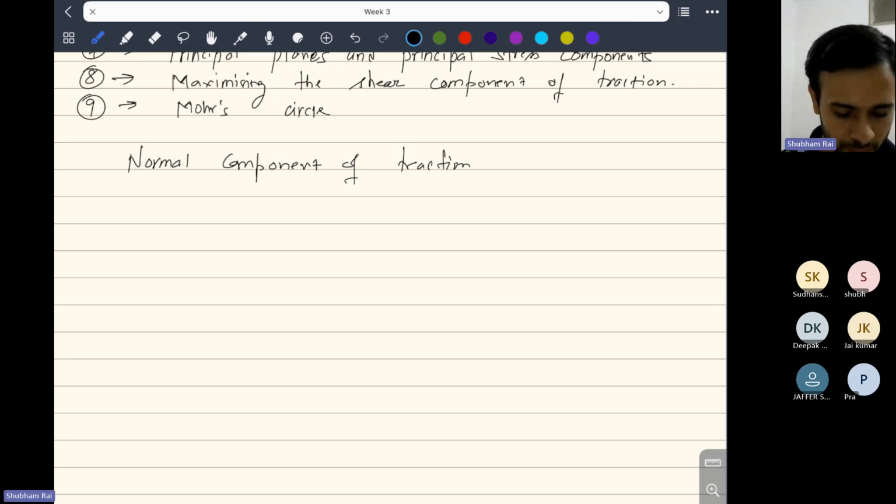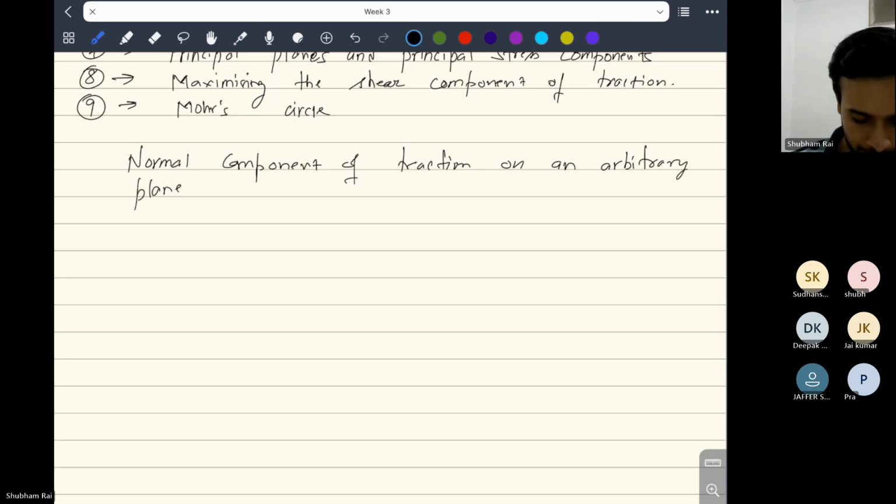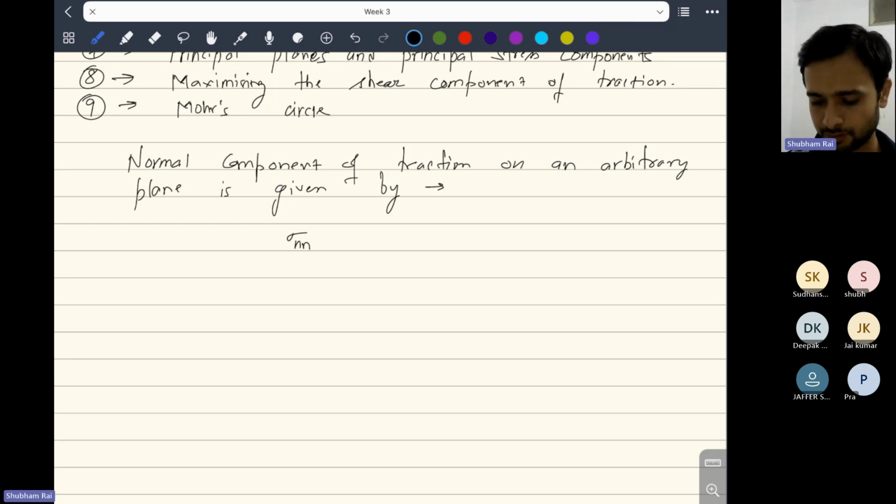So the normal component of traction on an arbitrary plane is given by sigma nn, which is the normal component of stress.